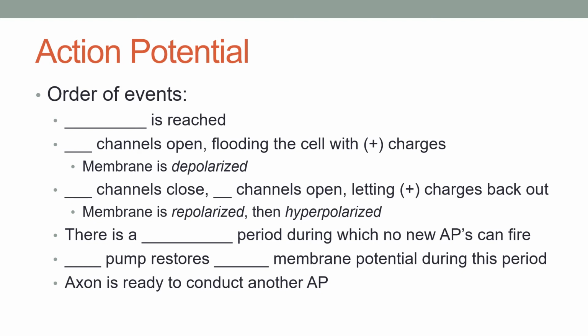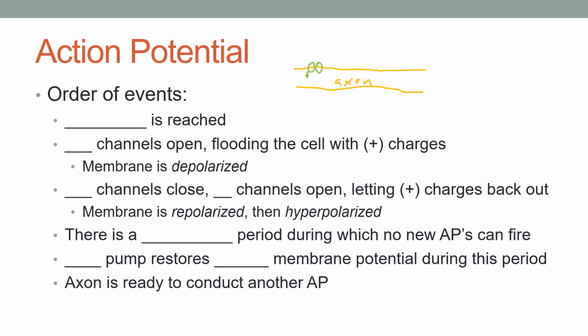Okay, so the order of events at each part of the membrane. If we have our cell membrane here, here's our axon, and we've got our channels. This time, our cell membrane channel is not chemically gated, it is voltage gated.